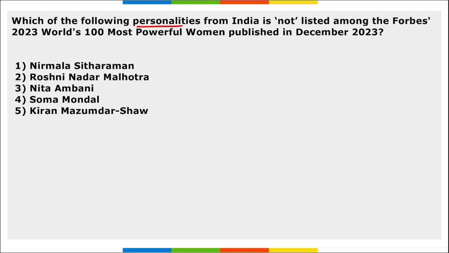Next, which of the following personalities from India is not listed among the Forbes 2023 World's 100 Most Powerful Women, published in December 2023? Among this, Nita Ambani is not listed in the world's 100 Most Powerful Women published in December. Correct? Rest all are marked here. If we talk about Roshni Nadar Malhotra, she was ranked 16.